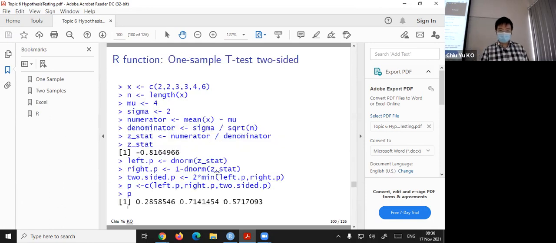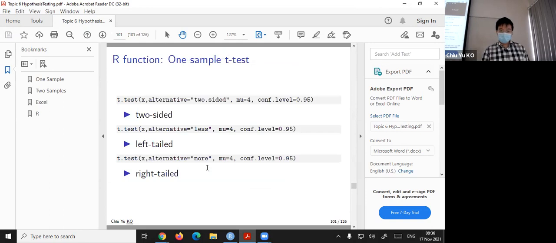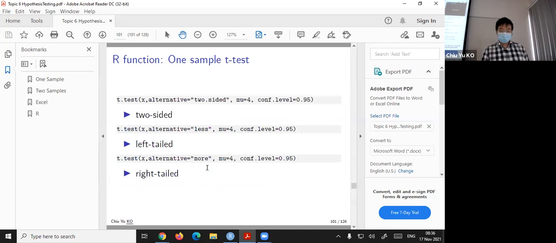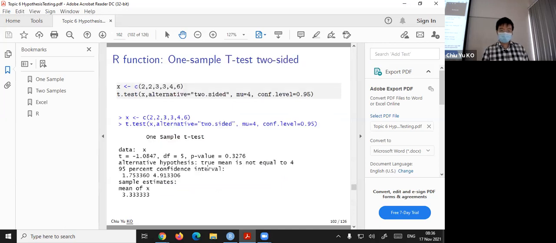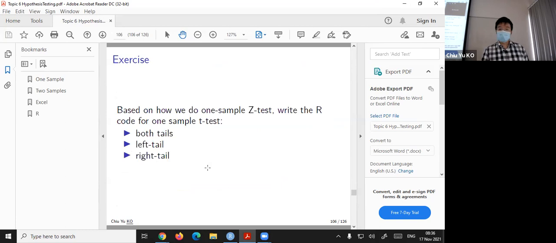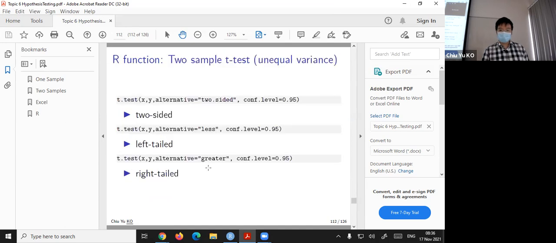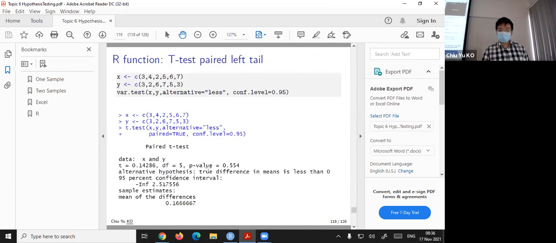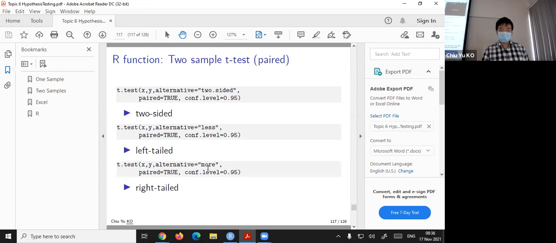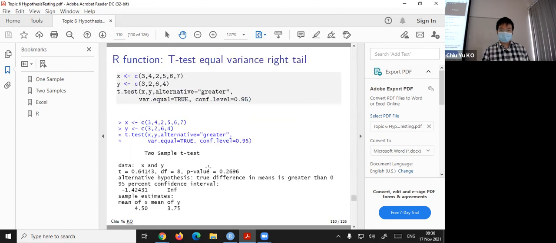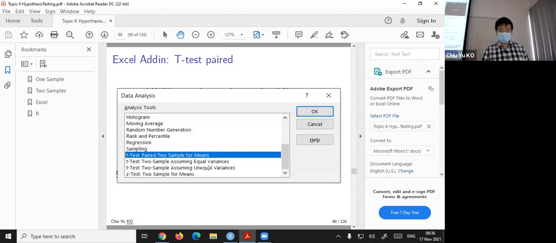And then we will do a T test, which also cannot be done directly. For the T test, you have the function already. Then we will do the two-tail test, and then the F test. Okay, so that will be the goal.